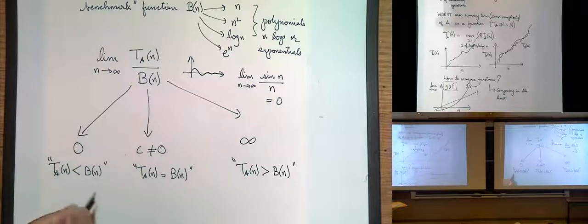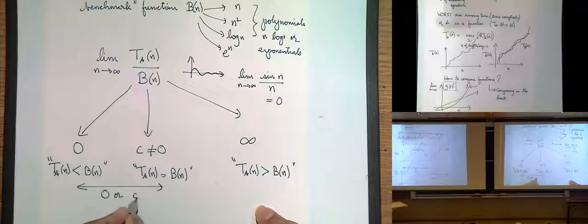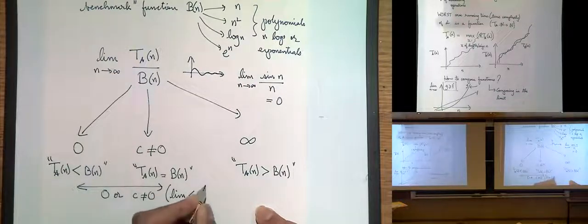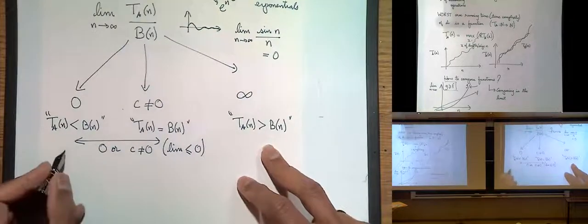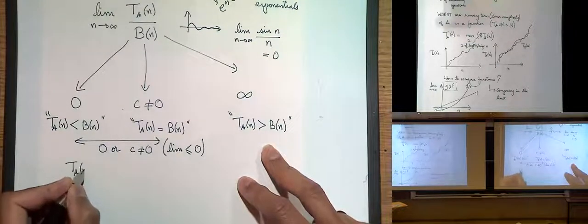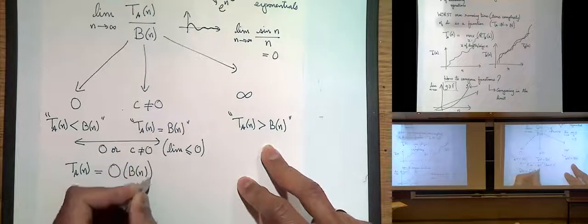So in both of these cases, which means the limit is 0 or a constant not equal to 0, which means the limit is less than or equal to a constant, we'll say T_A of n is O of Bn.